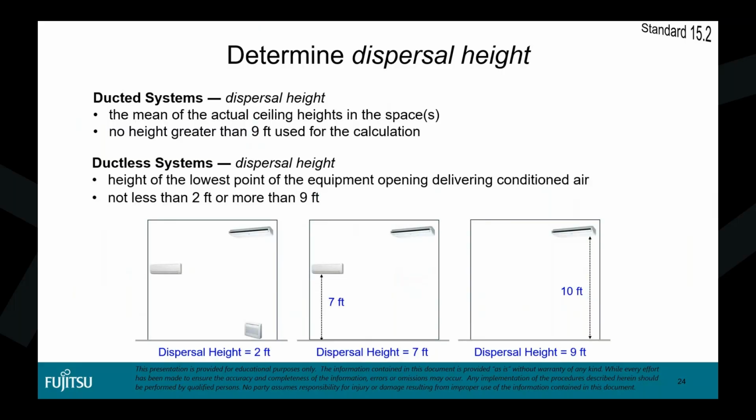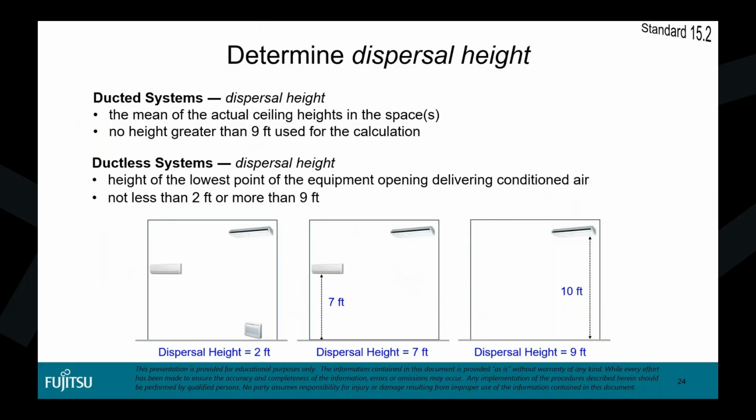I have a floor unit, but even if that floor unit is pushing out air at the floor, it has to be at least 2 feet in my calculation. Over on the right, I put only one wall unit really high up, 10 feet. Well, we cannot use more than 9 feet of that for the dispersal height. So that's what I meant earlier when I said dispersal height and area is not always the same as the room height and the room area.